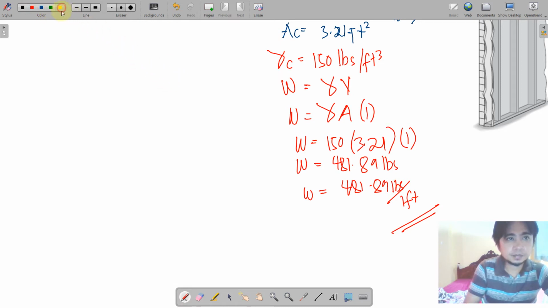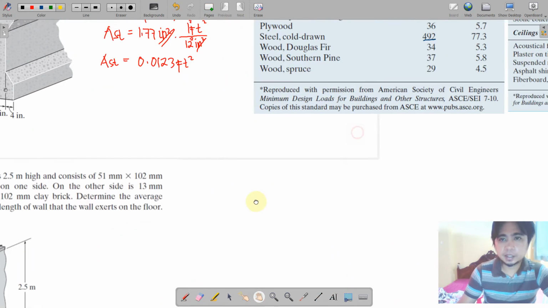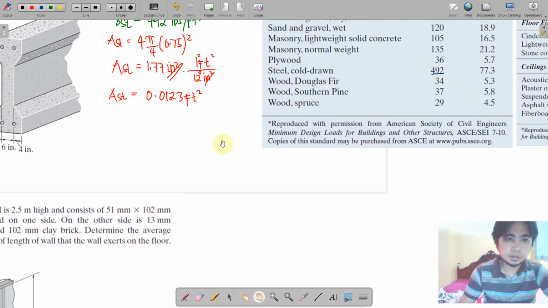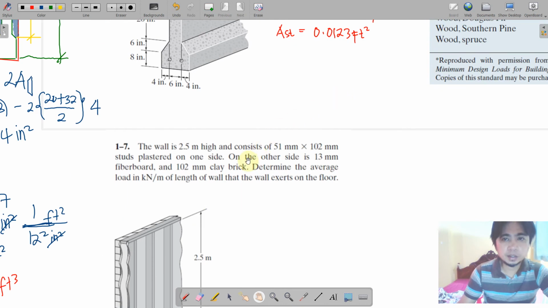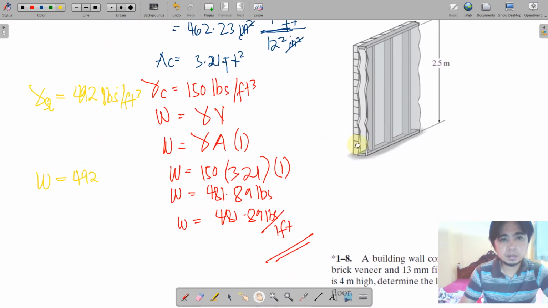For steel, we have gamma for steel equivalent to 492 pounds per cubic feet, and similarly, we have W is equal to 492 times the area we had computed a while ago. I think that is 0.0123 feet squared.